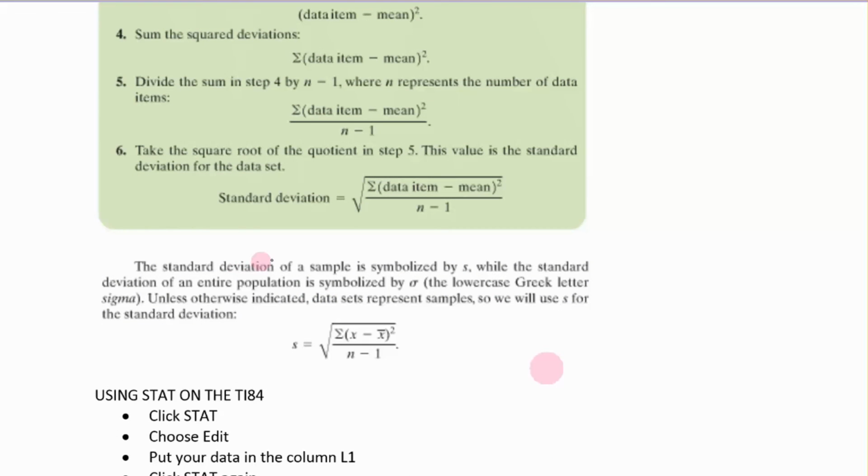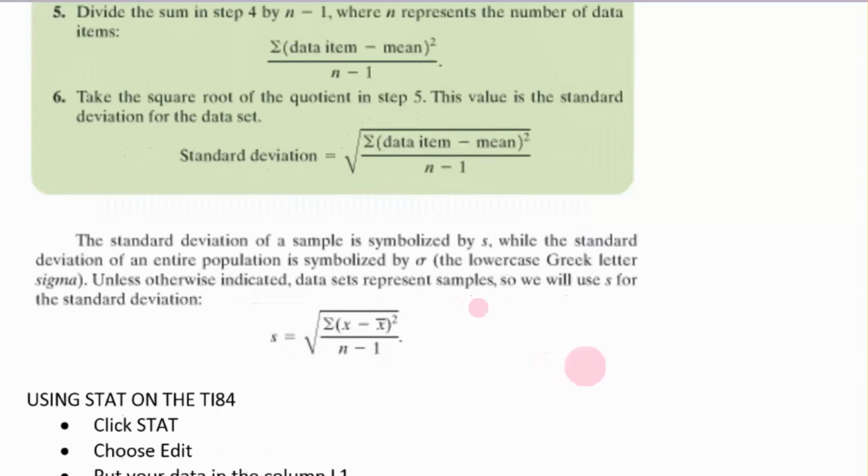The standard deviation of a sample is symbolized by S, while the standard deviation of an entire population is symbolized by sigma, lowercase sigma. Unless otherwise indicated, data sets represent samples, so we will use S for standard deviation.